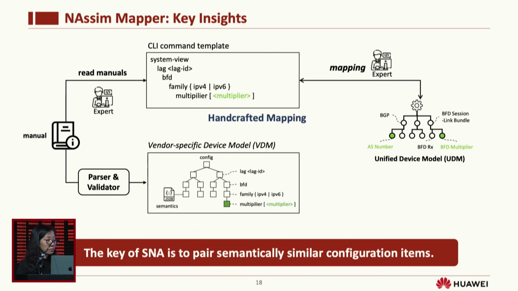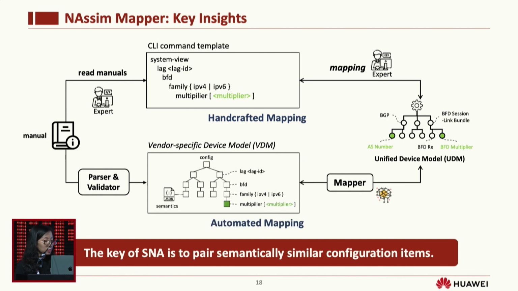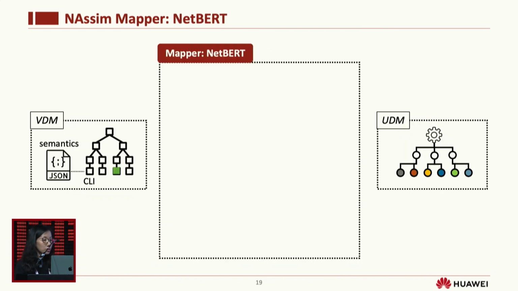Since the parser and validator have obtained the vendor device model with abundant semantic information from menus, and the parameters in the unified model are also enriched with description tags assigned by the experts, we can design the mapper to understand this network configuration context by applying recent advances in natural language processing. Our resulting model is NetBERT.